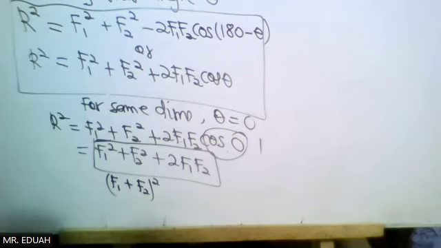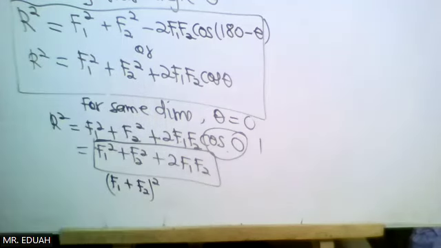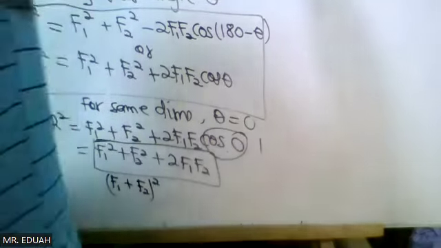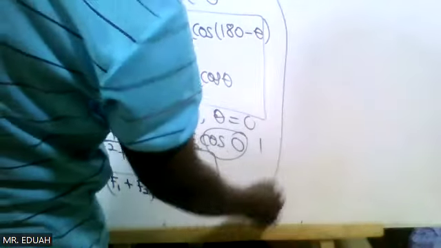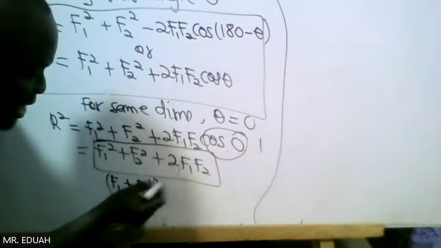You get F1 squared plus F2 squared plus 2 F1 F2. So it means that this is the same as what I've put inside the rectangular block. Correct? This is equal to this.